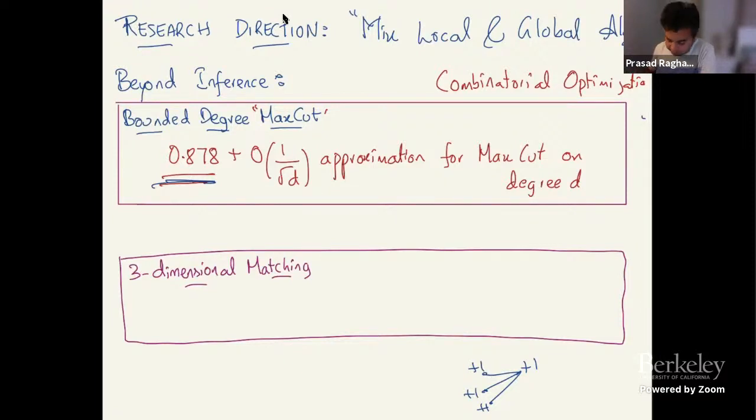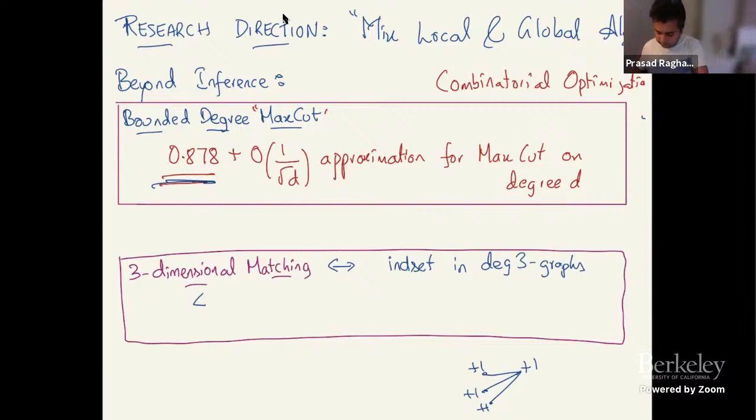For example, 3-dimensional matching, which is related to independent set in degree 3 graphs. It's not exactly the same, but it's sort of related. For 3-dimensional matching, again, the best algorithm is a 4/3 approximation using local search. It's an interesting question to try to do it using convex optimization. I think that might be doable, but in general, can you push this frontier further?